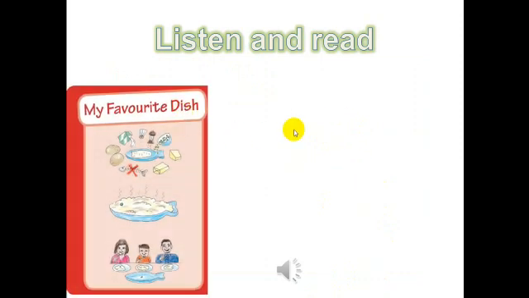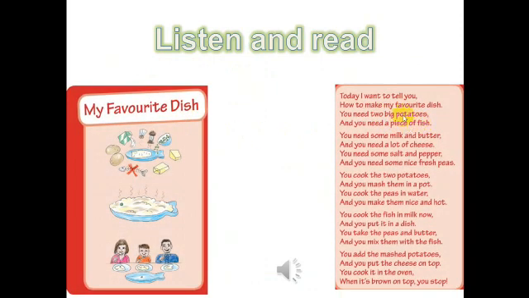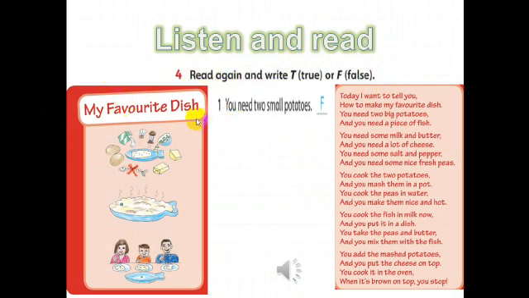Number 4. Read again and write T true or F false. You are going to read sentences about the dish and decide if they are true or false. Let's read the sentences. You need 2 small potatoes. False. You need 2 big potatoes. You need a piece of meat. False. You need a piece of fish.